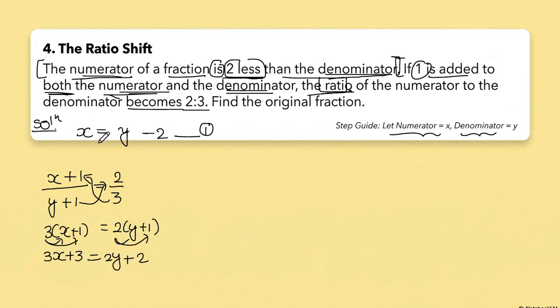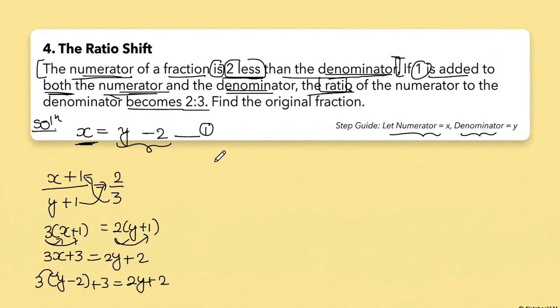Okay. Now apply the first equation. We'll use the substitution method here. So what is the value of x? X is nothing but y minus 2. So just substitute here instead of x. So 3 inside the bracket y minus 2 plus 3 is equal to 2y plus 2. Okay. So just multiply this 3 inside.